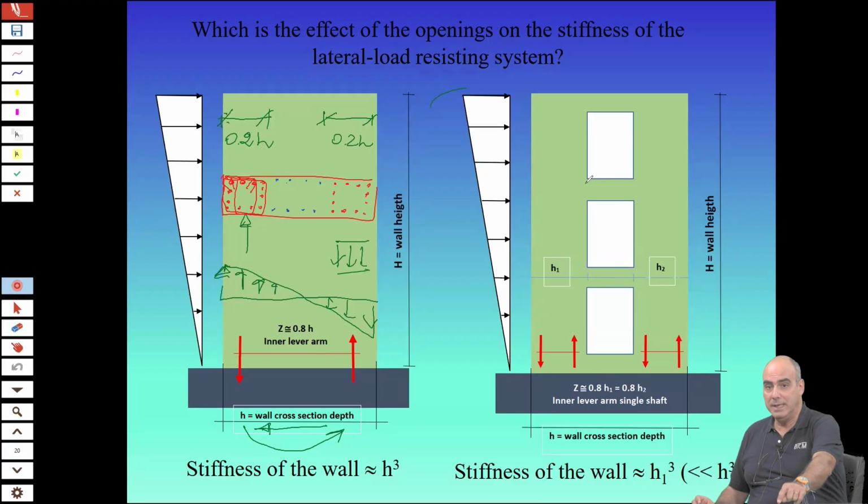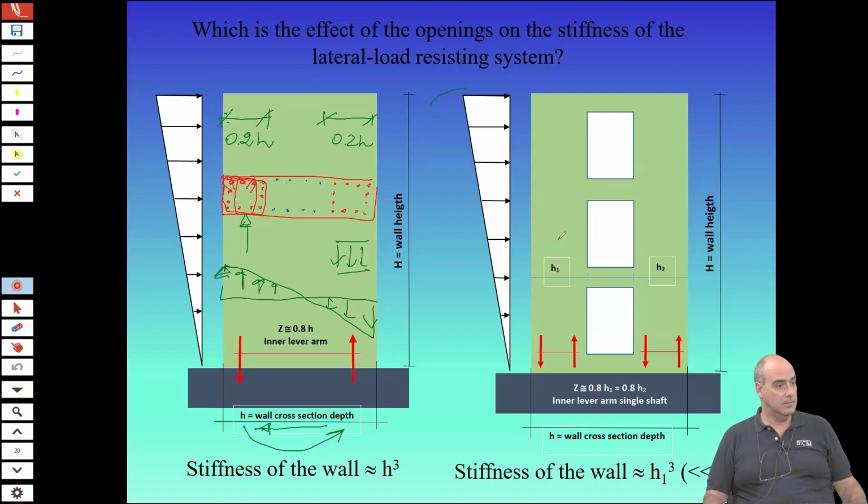So actually, with these numbers, this is 1.4 over 4. 1.4 over 4 is 35%. So the stiffness of each of these shafts is 35% to the cube of the one of the solid wall.